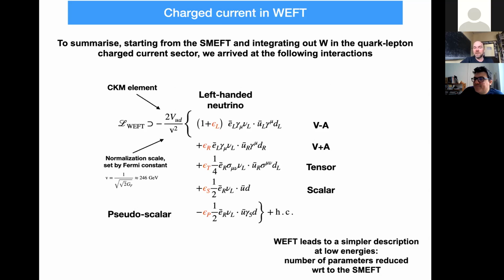And here we have interactions between the leptons and quarks with several different tensor structures, and there are 5 of them. I call them V minus A, V plus A, tensor, scalar and pseudoscalar. And in a low energy, phenomenological analysis, you want to include them all.